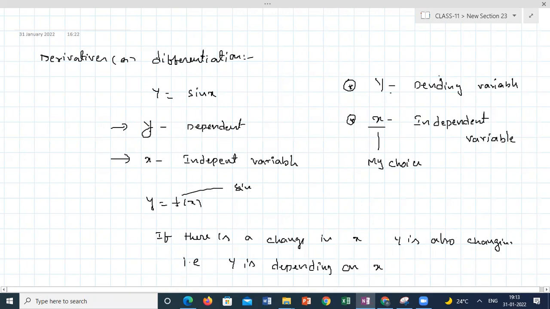It's my choice. That means if I'm taking the same function y, when x is equal to 30 degrees, my y is equal to 1 by 2. If I'm choosing x equal to 30 degrees, correspondingly y will come.